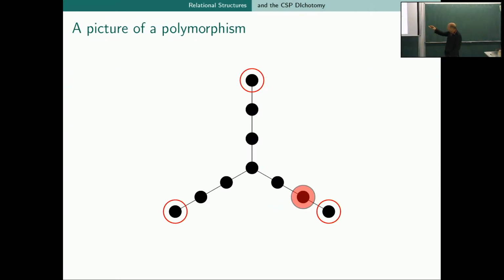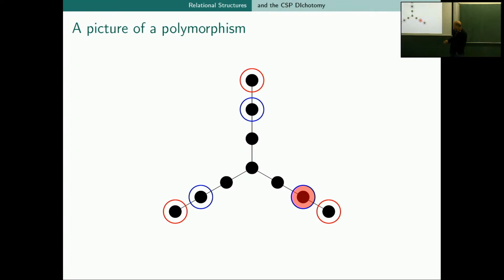Well, with an example. Say I want to define a polymorphism on this graph, so a mapping from the third product of this graph down to itself. I take three entries, and I have to map them to some vertex. Say I map them to this vertex. To say that this is a polymorphism, when I take adjacent vertices, for each of these I take an adjacent vertex, then that has to map to a vertex that's adjacent to this.